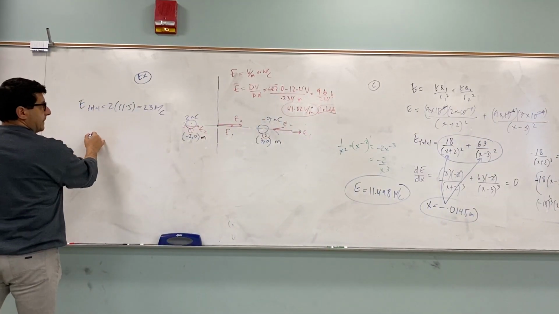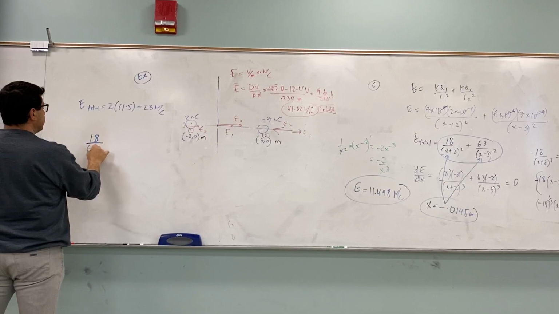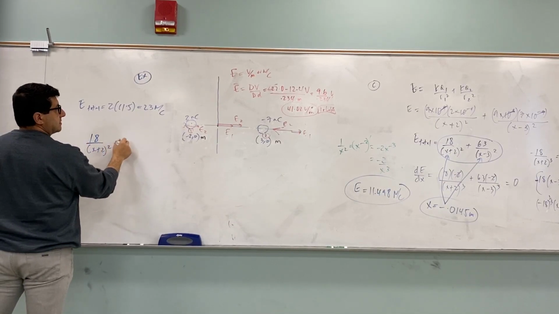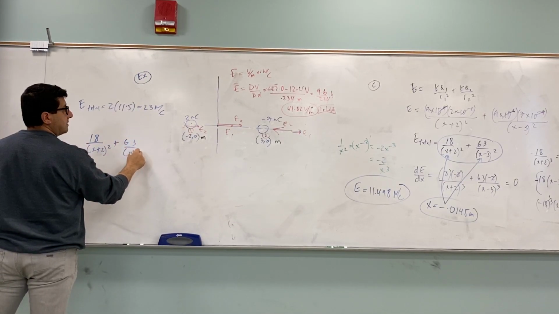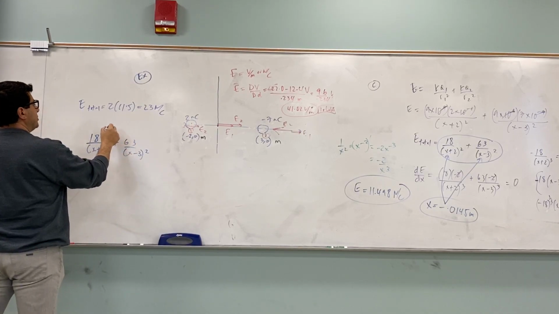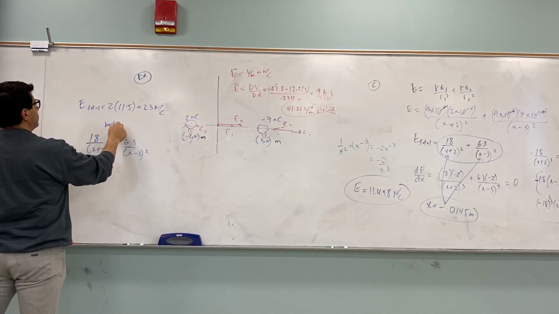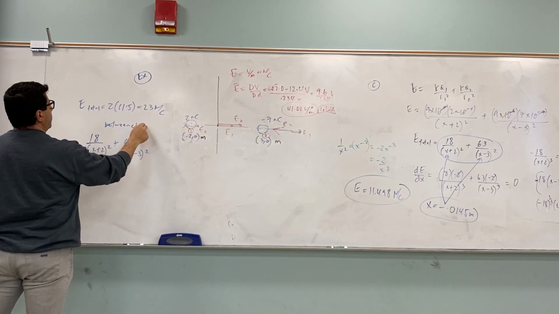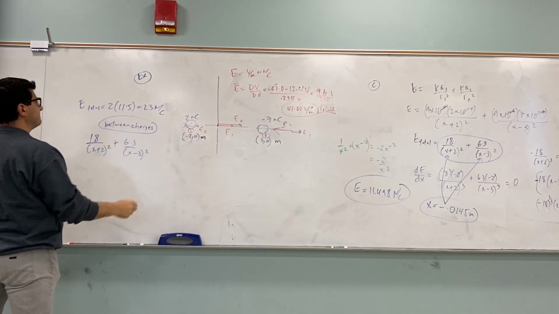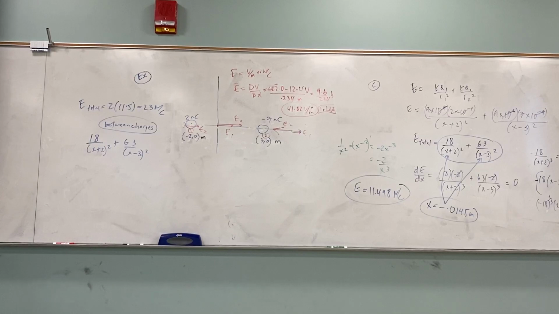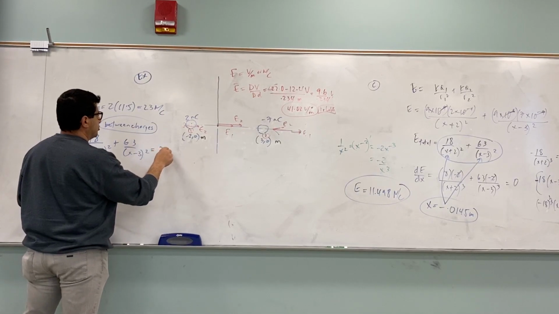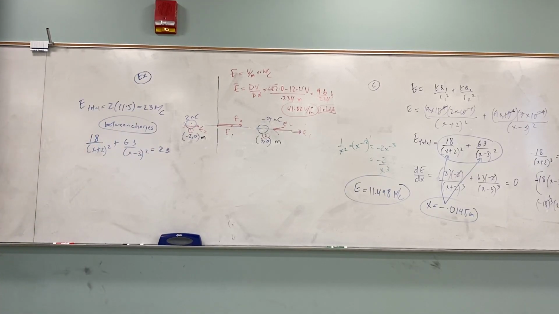So instead of taking its derivative, this is for the region between the charges. And now we're setting this equal to 23 newtons per coulomb. On this one, probably the best way is just put it into solver instead of trying to manipulate it.